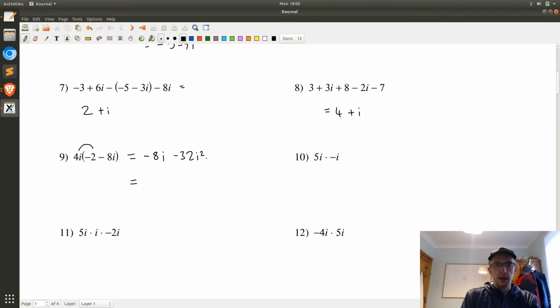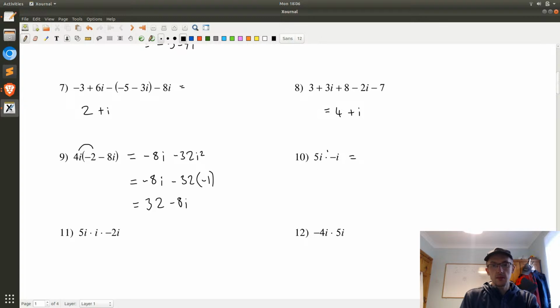But you're expected to replace i squared with -1, like that, and then realize that this is -32 times -1, which is +32. And so you correct it and write 32, take 8i, just like that.